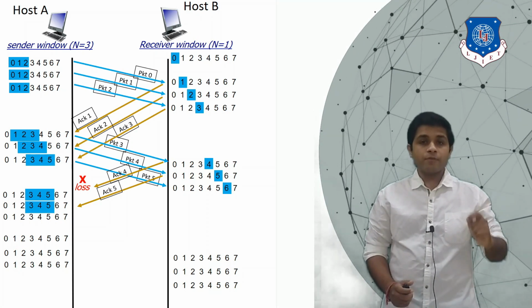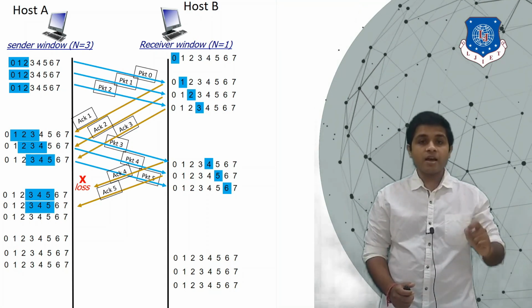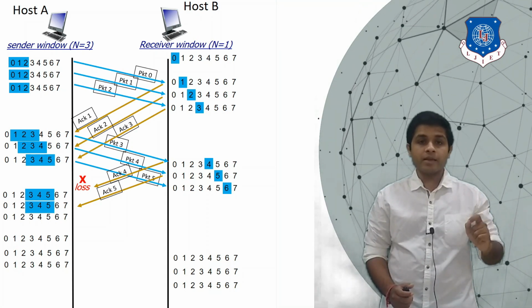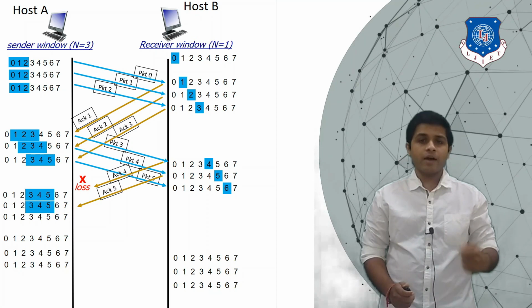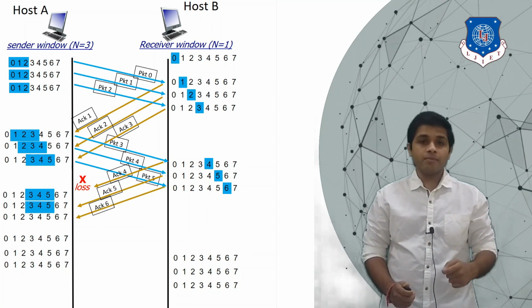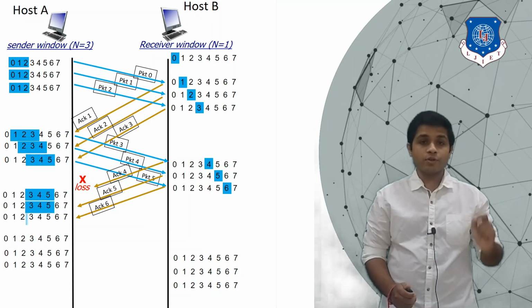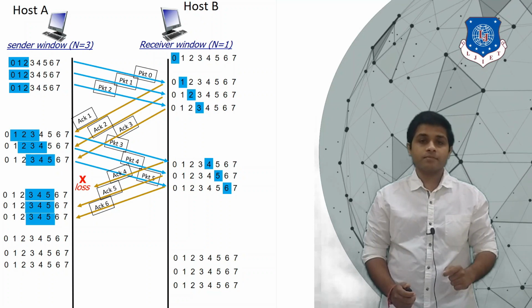Because that acknowledgement has not been received, the sender's window will not slide and remains at the same position. Then ACK 6 is sent by B, and again it is not ACK 4, so the window will stay there.